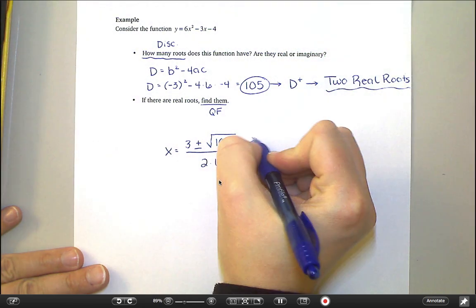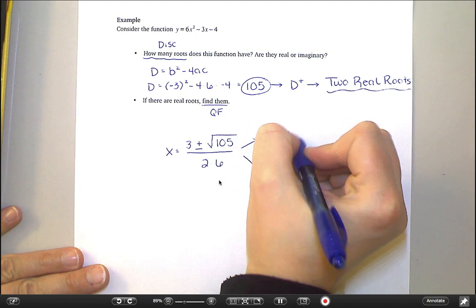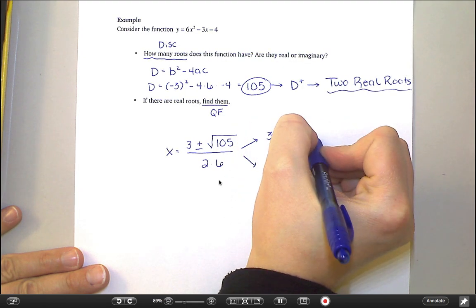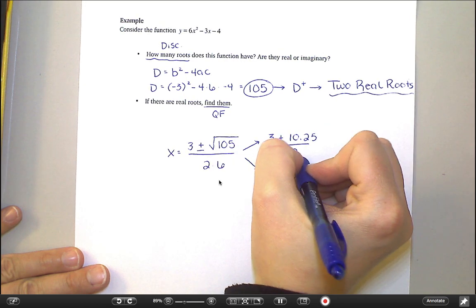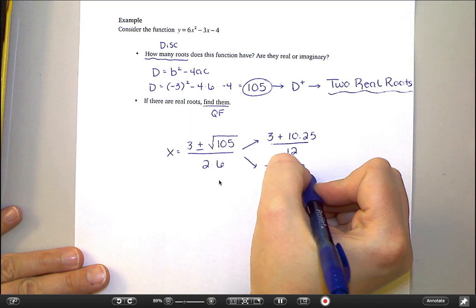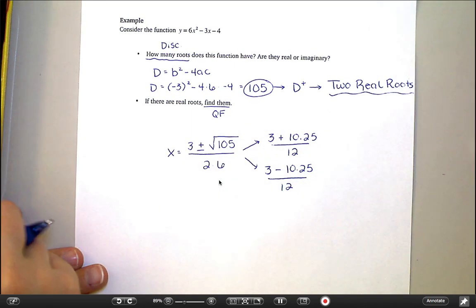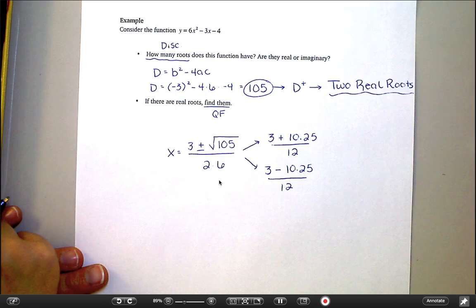So I'm going to say 3 plus 10.25 over 12, and 3 minus 10.25 over 12. Let's see.